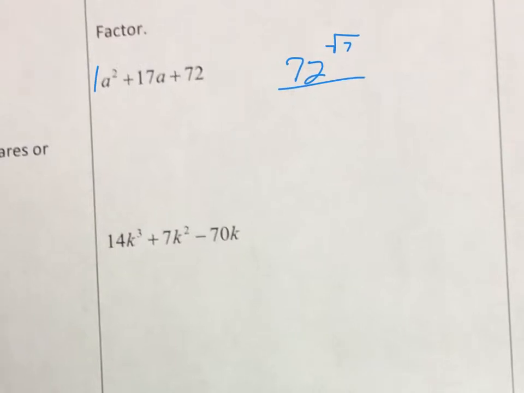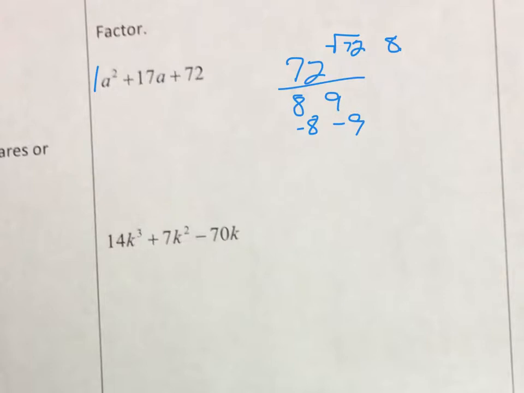If you square root 72, you'll get 8 point and a decimal. And so the first number we need to check to see if it goes into 72 is 8. And 8 does go into 72 9 times. They both need to have the same sign because they got to multiply together to positive 72.